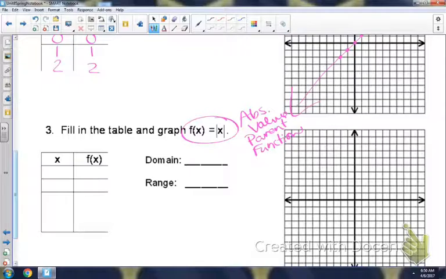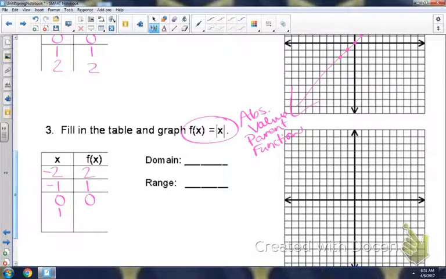Okay, so let's plug in a -2. If we plug in a -2 for x on this function, we're taking the absolute value of -2. Remember, absolute value means the distance the number is from 0. So if you plug in a -2, that answer would be 2. If you plug in a -1, absolute value of -1 is +1. If you plug in a 0, you get 0.